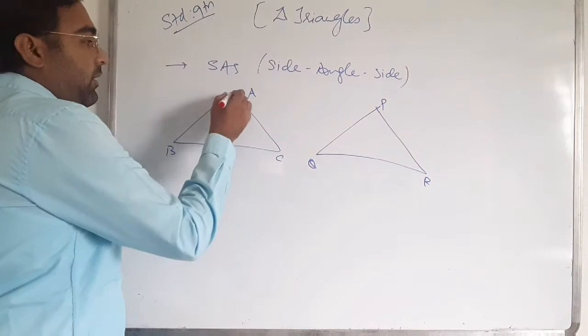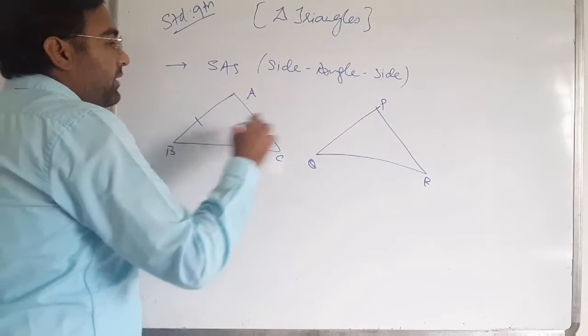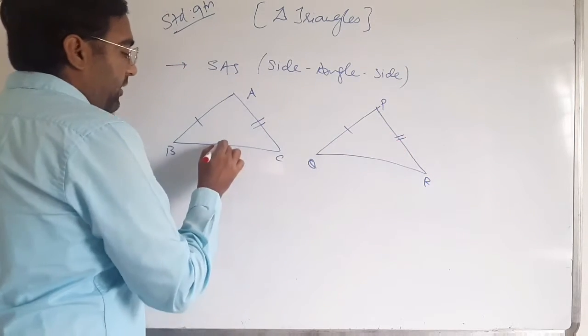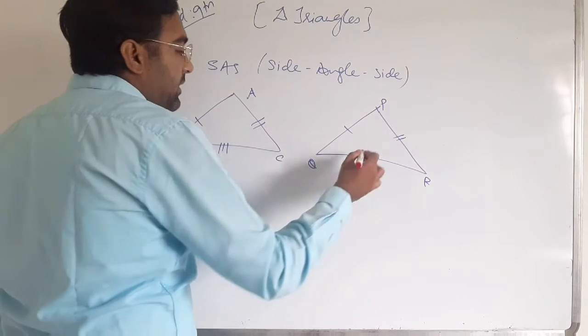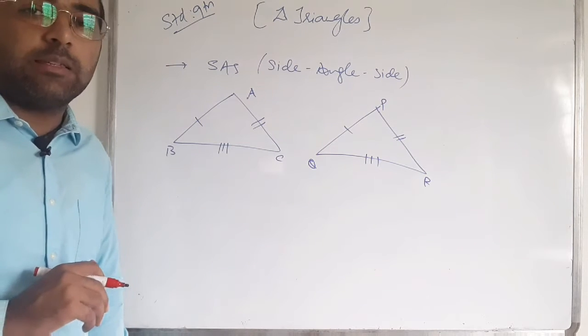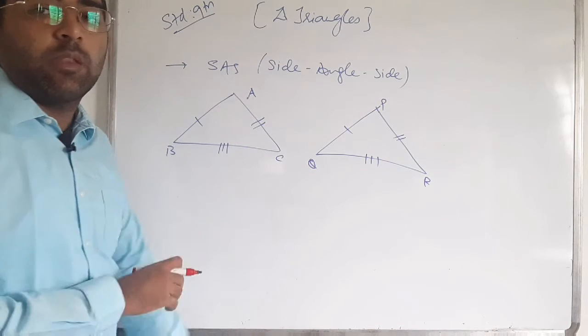Then AB is equal to PQ, AC is equal to PR and BC is equal to QR. They have the same size and the same shape.